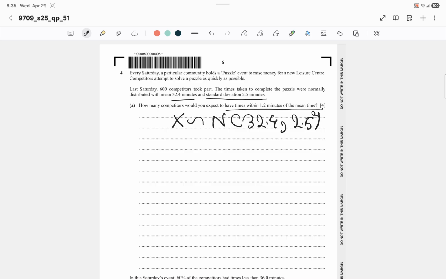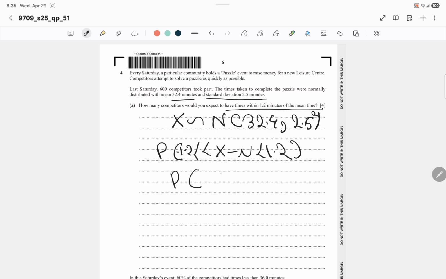So it says 1.2 minutes of the mean time. So, okay, how can this be? Basically, it can be x minus mu equals 1.2, or it can be minus 1.2, since it's within 1.2 of the mean time, right?